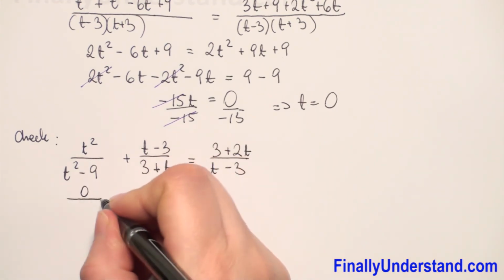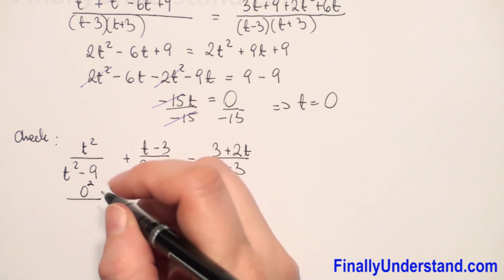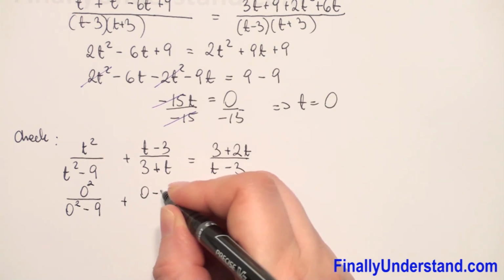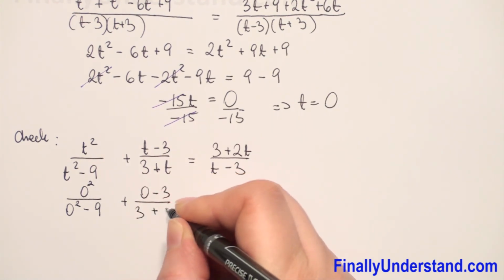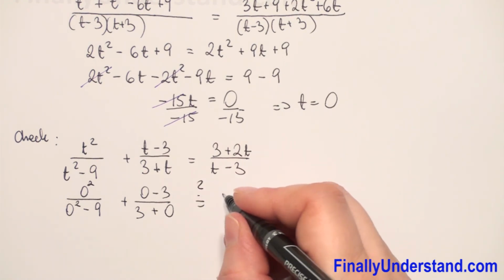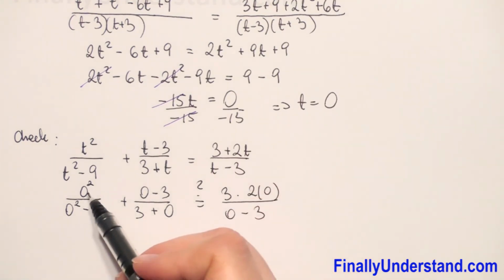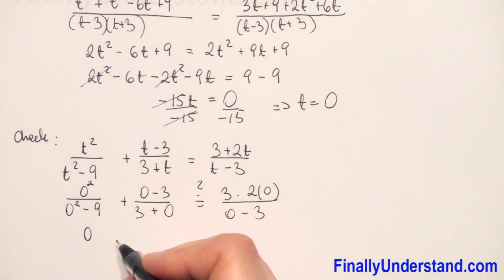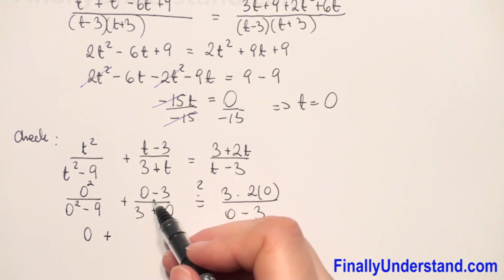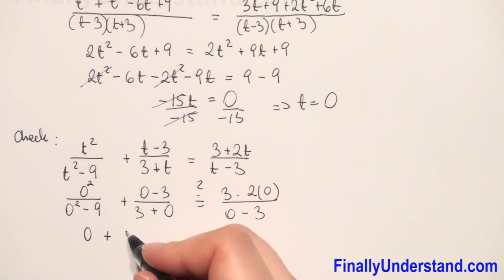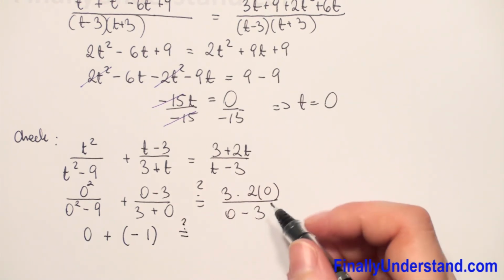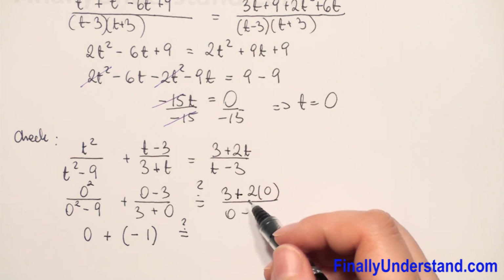So we have 0 over 0 to the second power minus 9, plus 0 minus 3 over 3 plus 0. This should be equal to 3 plus 2 times 0 over 0 minus 3. 0 over negative 9 is still 0, and we have plus negative 3 over 3, so this is negative 1.